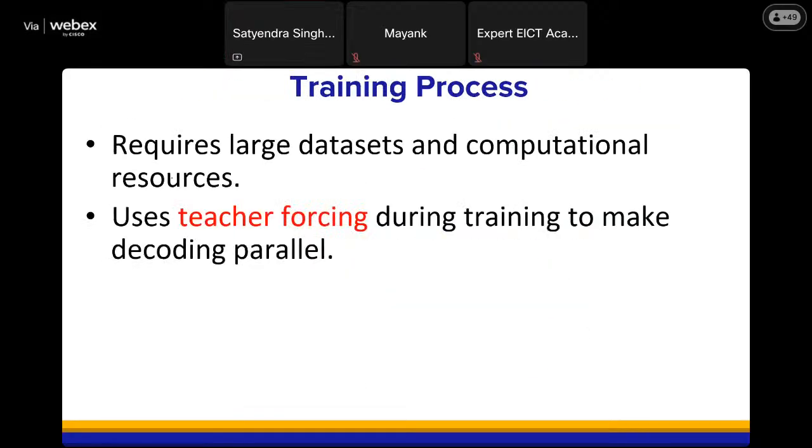So for the training we use the teacher forcing approach to make the decoding parallel. Instead of one at a time, we pass the targeted output at once.